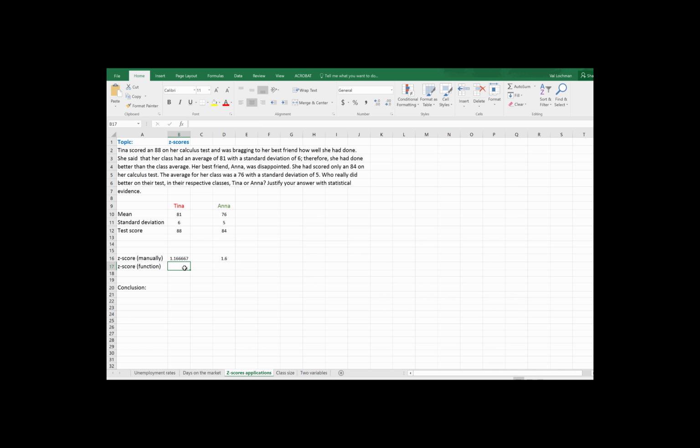Okay, now you might say, do I need to remember this formula? Well, it's a good idea to remember it, but there's also a command. The command is STANDARDIZE, right? And you just need to remember in which order we need to put stuff in. Test score, comma, mean, comma, standard deviation.